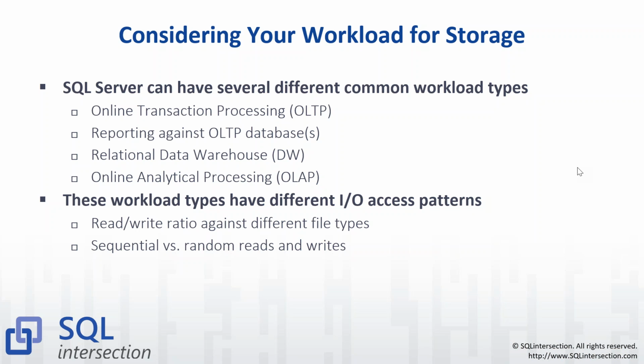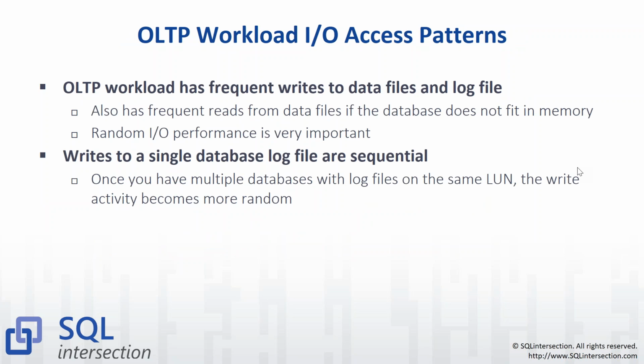So if you have an OLTP workload, that means you're going to have lots of writes to your data files and also to your log file. And you're also going to have very frequent reads from your data files if the entire database or the working set of the database doesn't fit in your buffer pool. So this means that random I/O performance is usually pretty important for OLTP workloads.